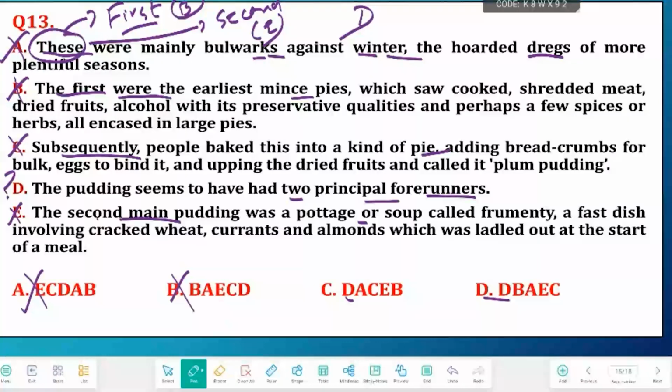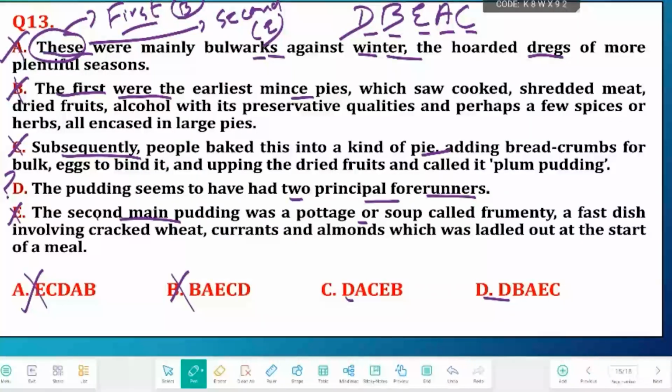The first were the earliest mince pies. B. उसके बाद B के बाद आएगा आपका E आएगा. The second main pudding was a pottage or soup called frumenty. Okay. उसके बाद these were mainly bulwarks. उसके बाद आएगा A and उसके बाद आएगा C. So correct answer will be DBEAC.